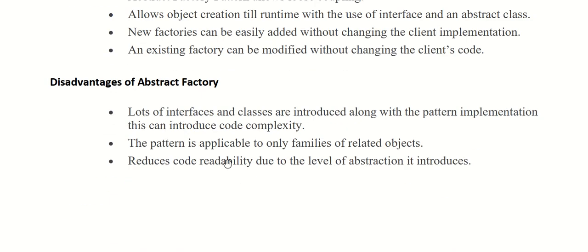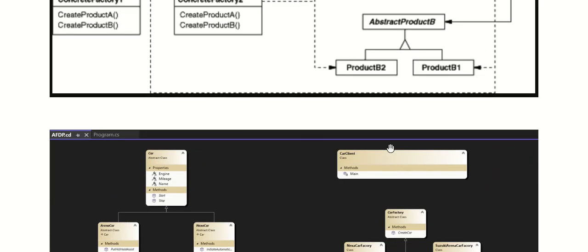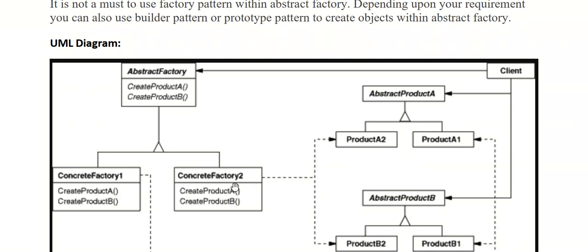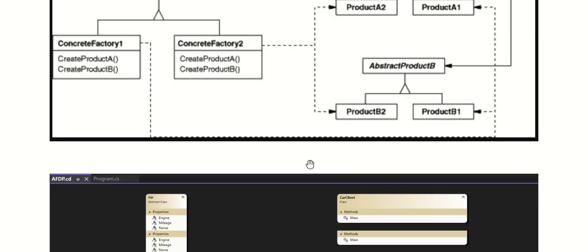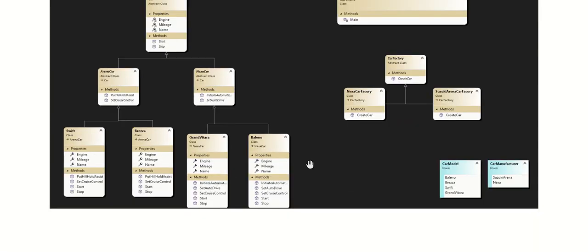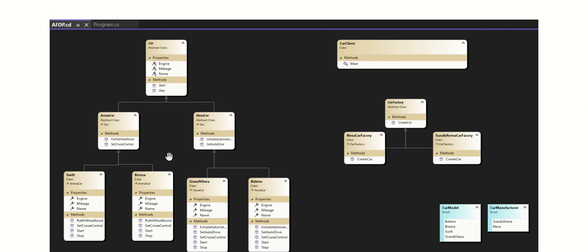The pattern is applicable to only families of related objects. Always remember, if you want to make use of the abstract factory design pattern, it should be used for a family of related objects. For example, car. A car can be Toyota, Suzuki, BMW, Volkswagen, whatever, but they all belong to the same category of cars.